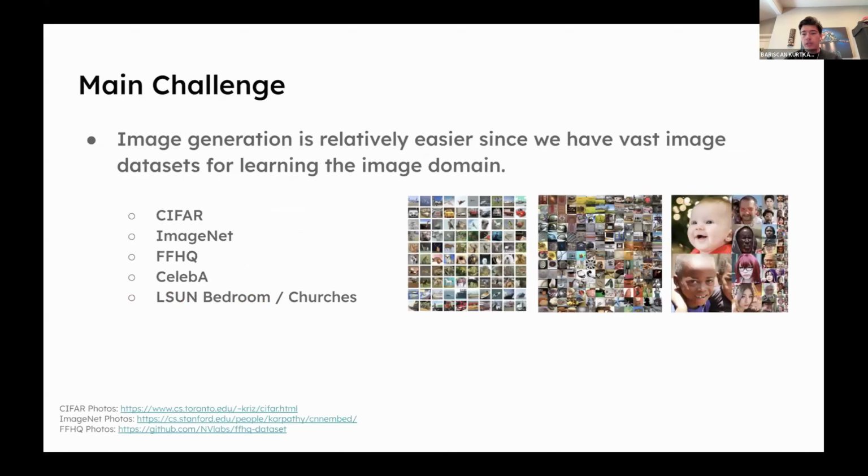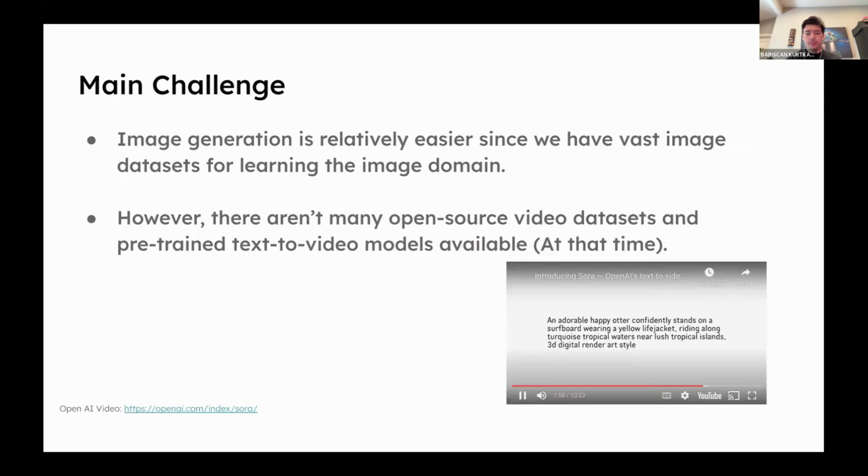Also, other than the architectures, image generation is relatively easier than video generation because we have vast image datasets for learning the image domain. As you can see, we have CIFAR, ImageNet, FFHQ, CelebA, and LSUN. And some of them have been here for more than a decade. So it is relatively easier than video generation.